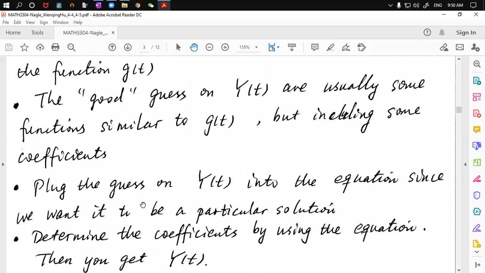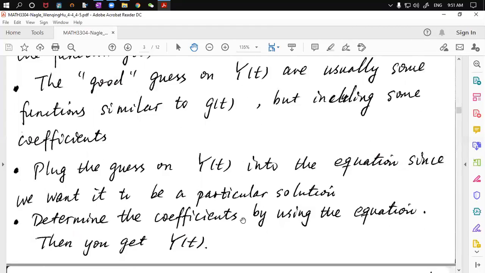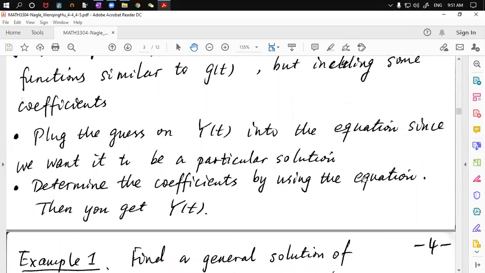Then you determine the coefficients by saying that capital Y of t must be a solution. You put it into the equation, and this gives you some constraints or coefficient relations. From these coefficient relations, you solve for the constants, and you have your solution.